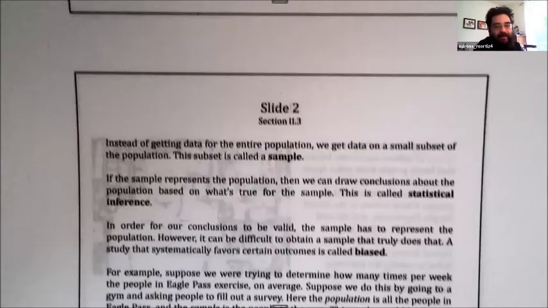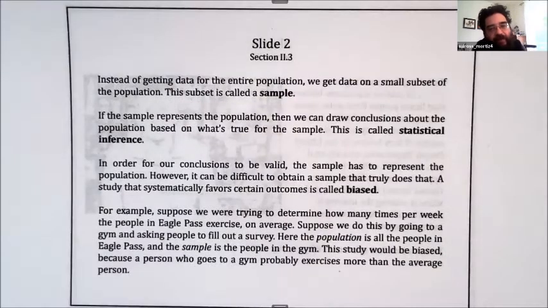Instead of getting data for the entire population, we get data on a small subset of the population. The subset is called the sample. If the sample represents the population, then we can draw conclusions about the population based on what's true for the sample. This is called statistical inference.